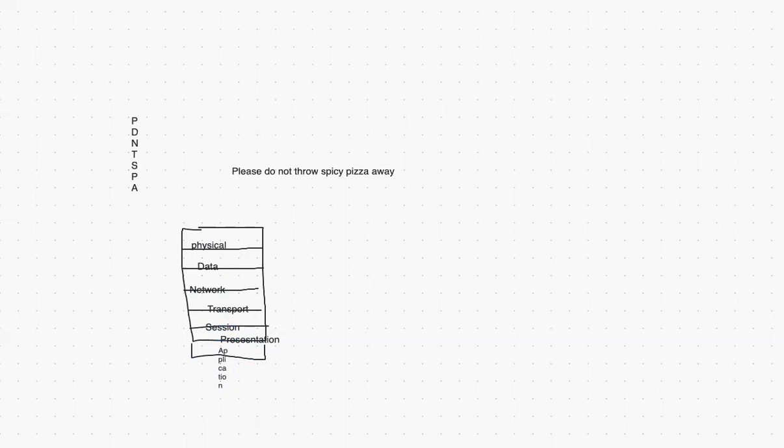Anyways, so you understand the physical, data link, network, transport, session, and presentation layers, right? The physical layer and the data link layer, they both combine and are called the network layer.